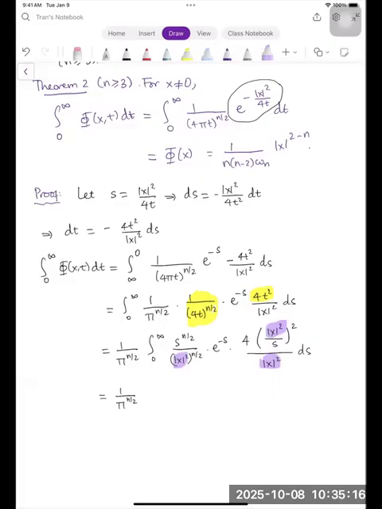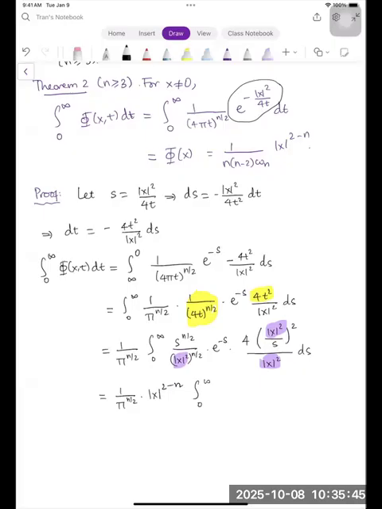Let me see what the x terms are. This is nothing but times |x|. The first one is to the power minus n, and then I have to the power 4 over 2, which is 2. So it's exactly |x| to the power 2 minus n. That's exactly the key thing from the fundamental solution of the Laplace equation. And then the rest is just integrals.